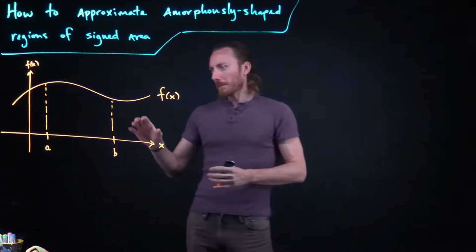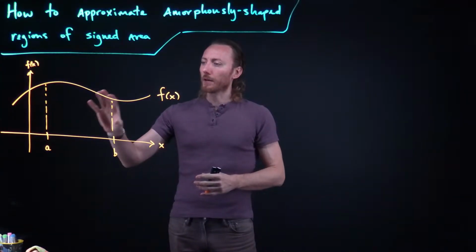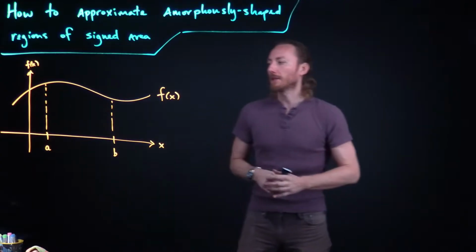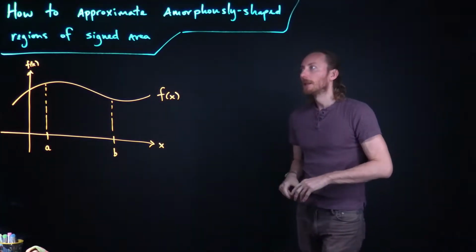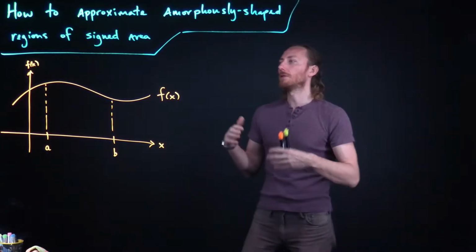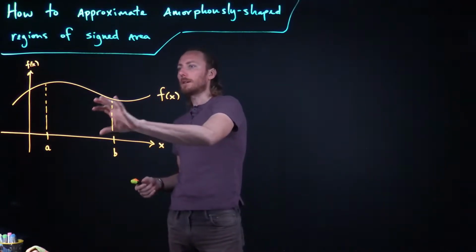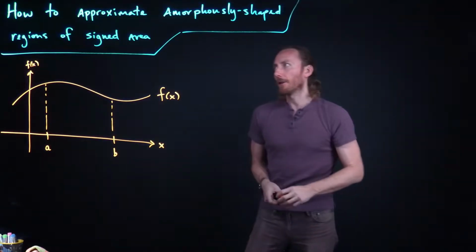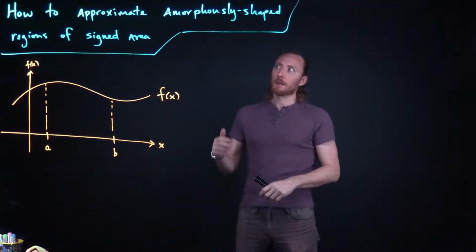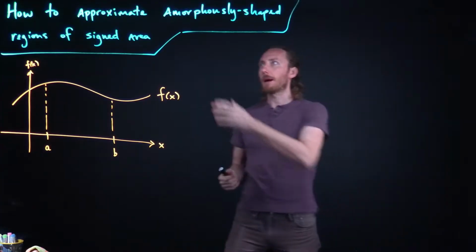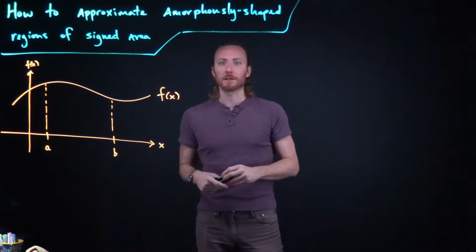Because these area regions between function graphs and horizontal axes are meaningful, it would be nice to develop some mechanism by which we could at least approximate the area of these regions. As it says up here at the top, how to approximate amorphously shaped regions of signed area.